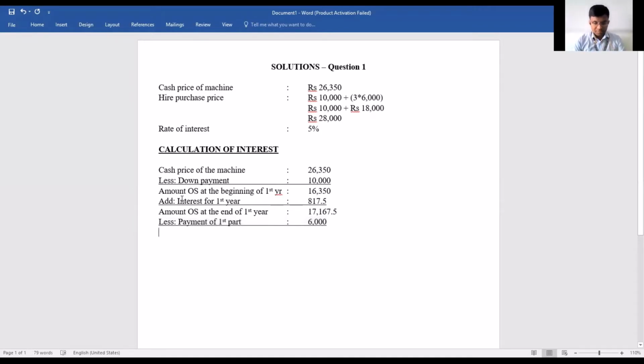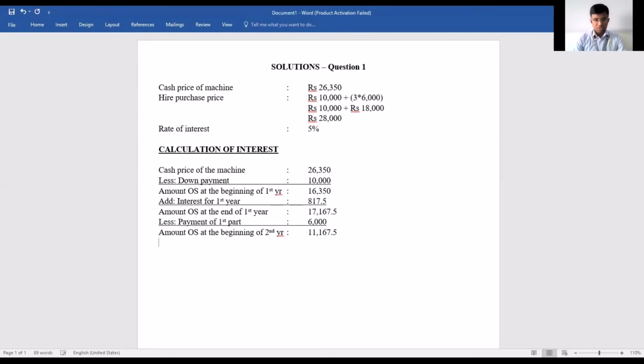Now the amount outstanding at the beginning of second year, how much is it? It is 17,167.5. From this you will be paying 6,000. So the balance amount would be 11,167.5. So this is the amount that is outstanding.